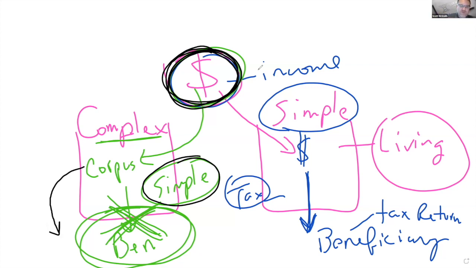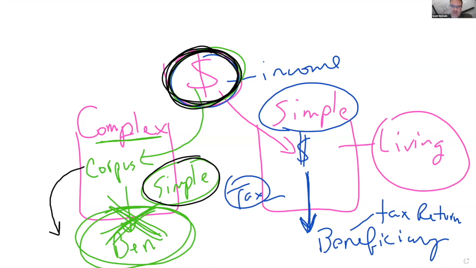What you want to do is distribute from the corpus. If you're going to distribute, you distribute from corpus, and it is money or assets that have already been declared extraordinary and put into corpus. So that's a whole other conversation. We can do a training on that later. But understand, you can distribute from both trusts. But how you distribute determines what the tax looks like.